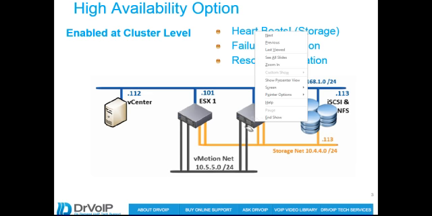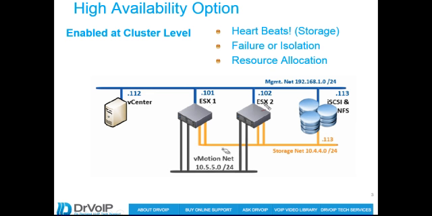Now that describes basically the concept of high availability. So we have a management network, we have a storage network, perhaps we have our vMotion network, and we have our vCenter server somewhere in the deployment.